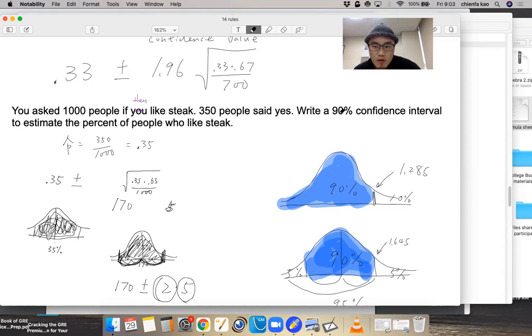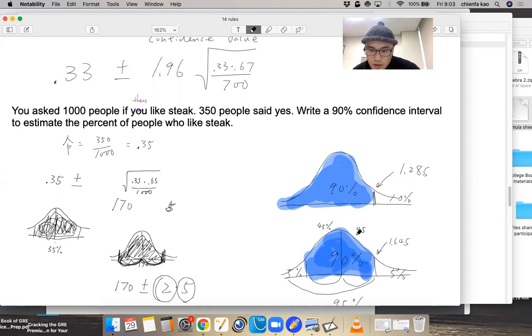So what you need to do is actually 45% to the right and 45% to the left. Then that will include 90% of the population.